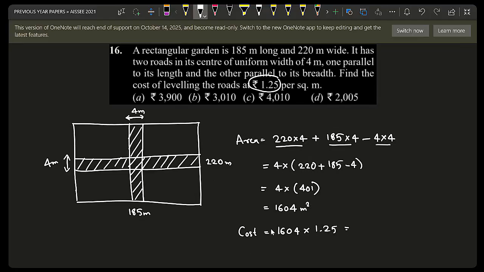So 1 rupee 25 paise, let us try to convert into fractional form. 1604 into 125 by 100. 25 fours are 100, 25 into 5, 125. Now 4 we can cancel here. 4 fours are 16, 0, 1. 401 into 5, it's going to be 2005 rupees. 2005 rupees. Option D.